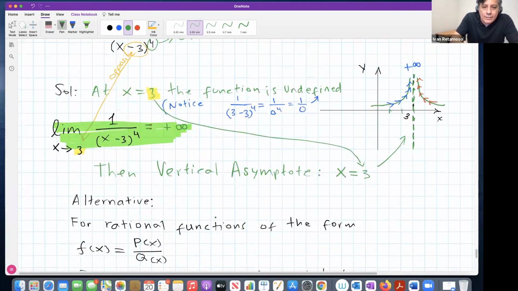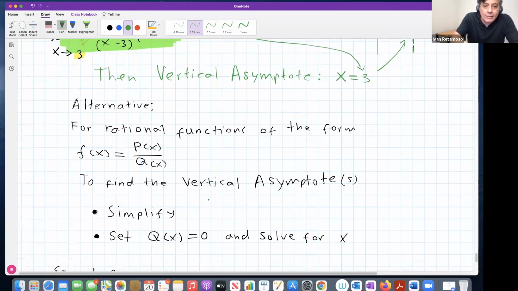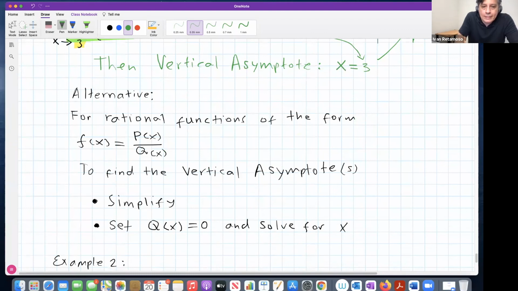Or you can use this other method that I'm gonna give you as an alternative whenever your function looks like this, like a rational function. Polynomial function on the numerator, polynomial function on the denominator, okay? Look, alternative for rational functions of the form f of x equal p of x, some polynomial here, and over q of x, some other polynomial here, to find the vertical asymptote or asymptotes.